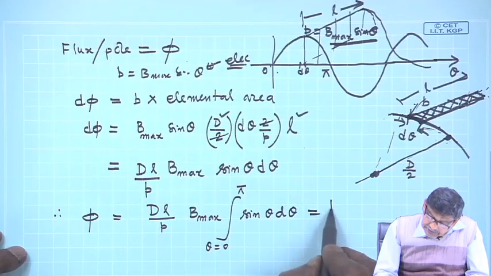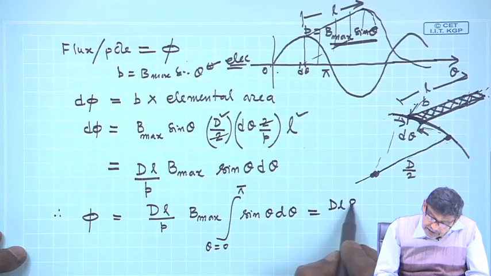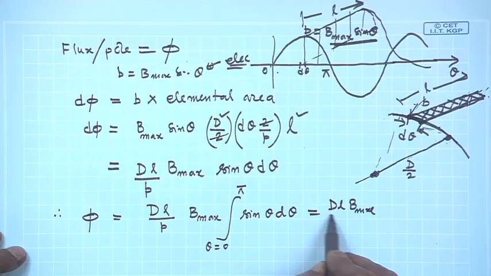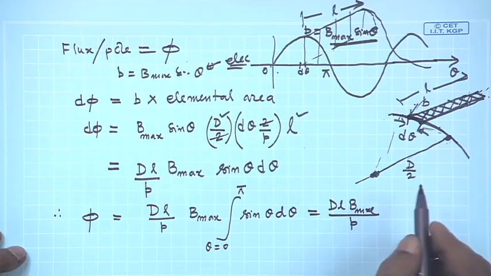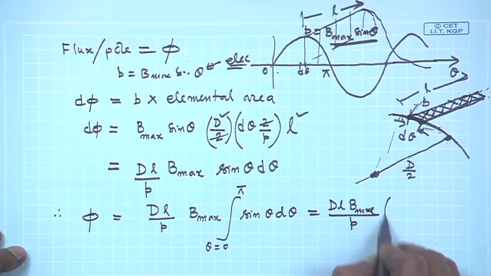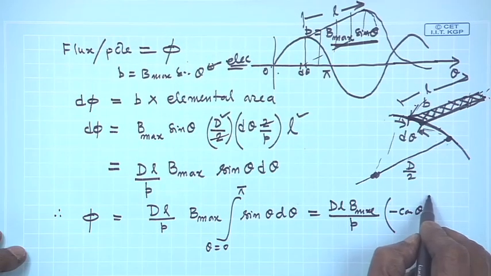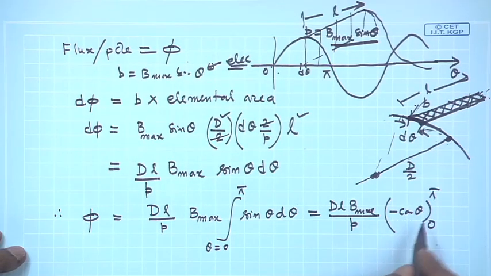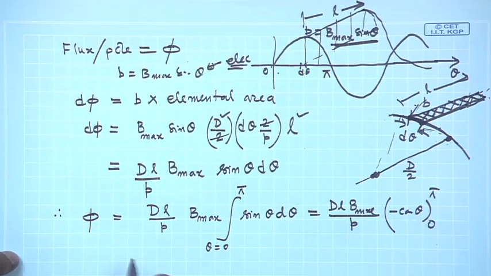And this integration is of course very simple: D L B max by P, and the integral is minus cos theta from pi to 0. So it will be 1 plus 1, so 2 is the integral value.